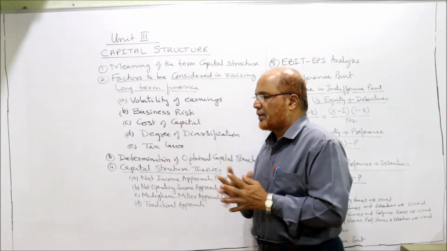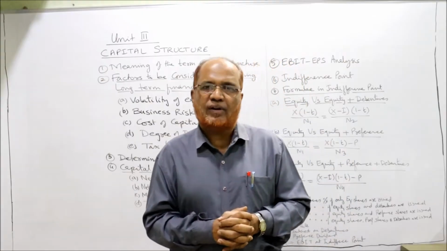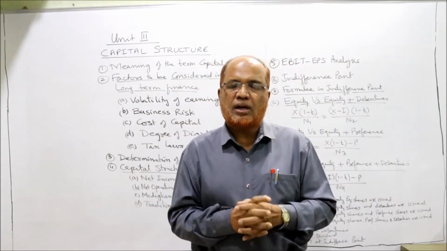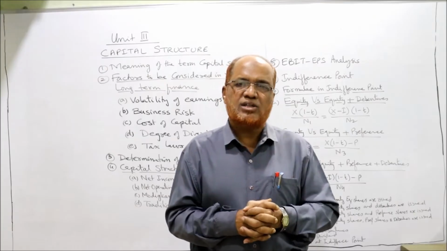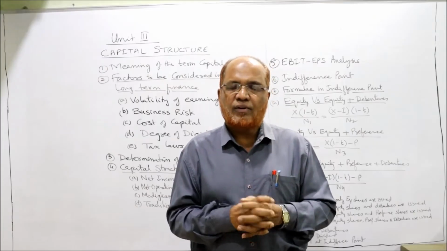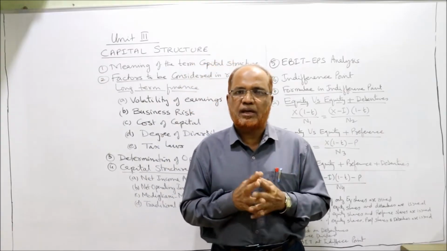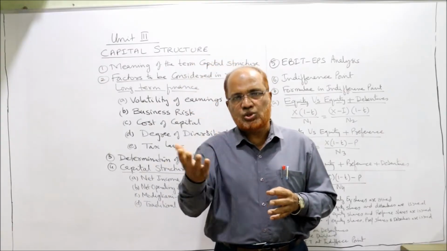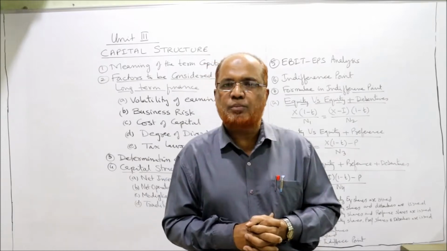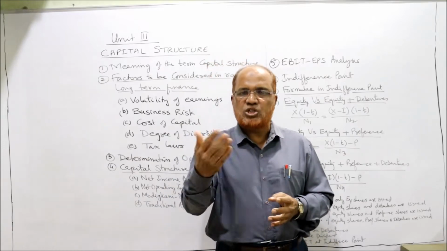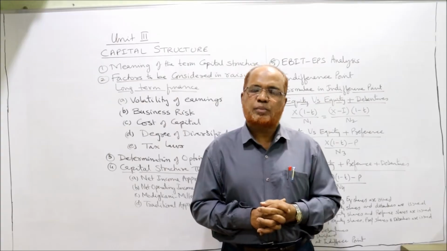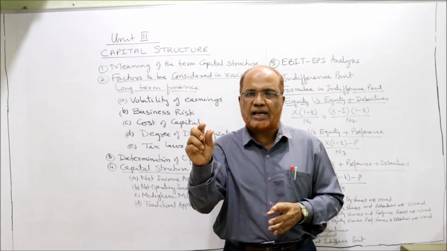Next one is cost of capital. Every source of funds will have a cost. The company will not get the funds free of cost. For example, when the company issues equity shares, the company has to pay equity dividend. When the company issues preference shares, the company has to pay preference dividend. When the company issues debentures, the company has to pay interest. So cost is attached.